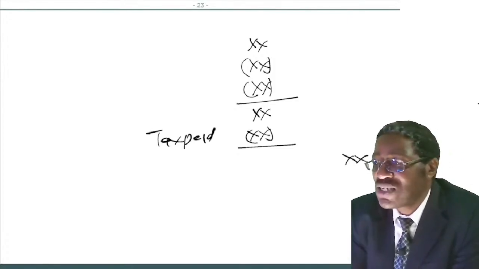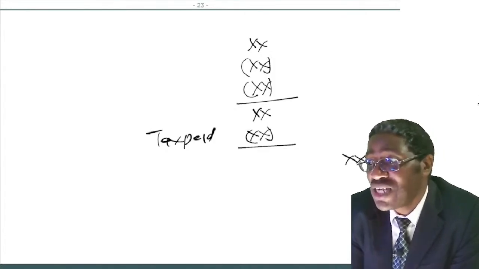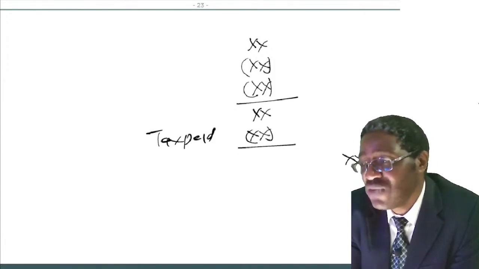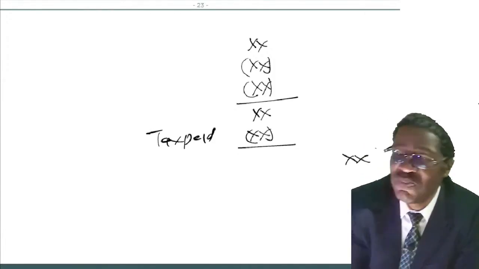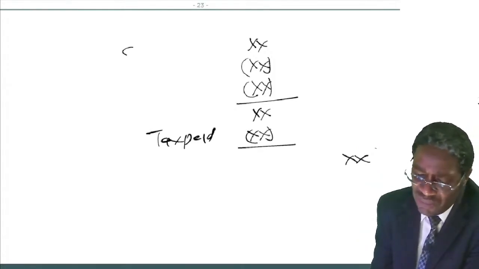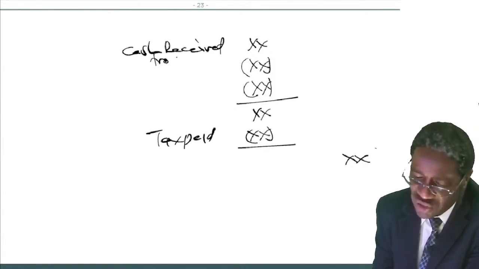Good. Cash received from who? Rosemary, cash received from who? We need to identify that. It is cash received from customers. Okay? Let me pick the three now. Good. Thank you. Now listen. So the first amount is what we normally call cash received from customers.